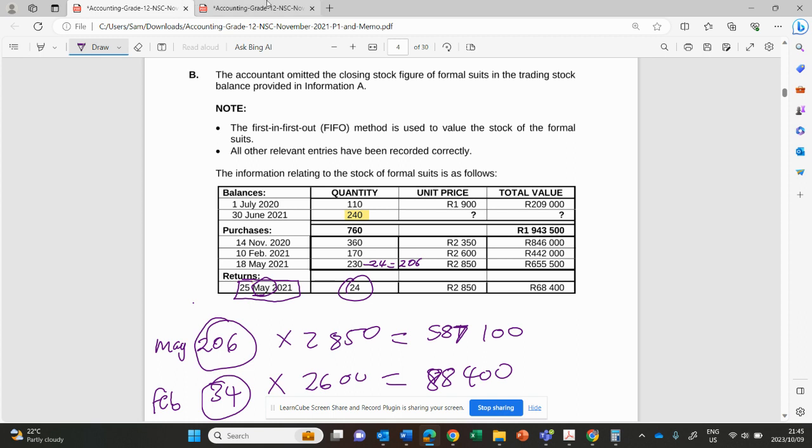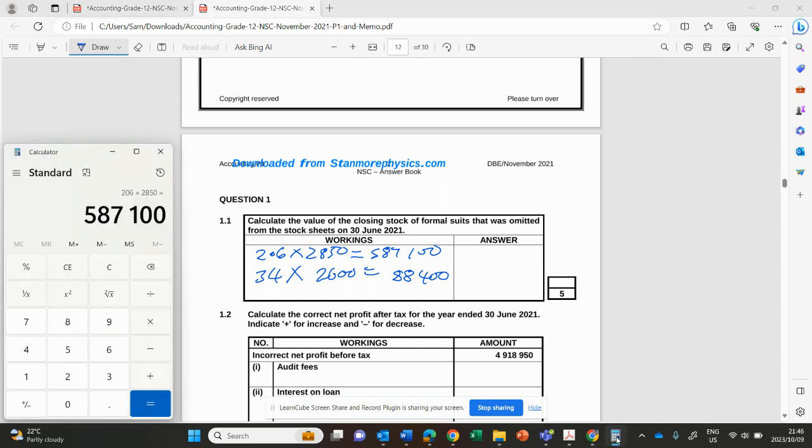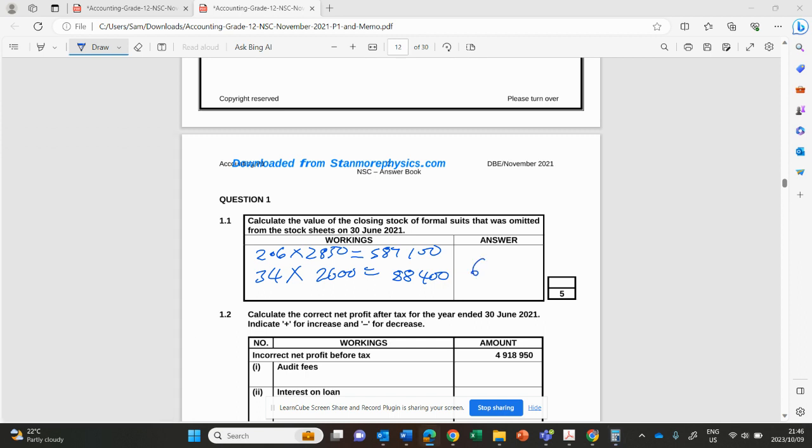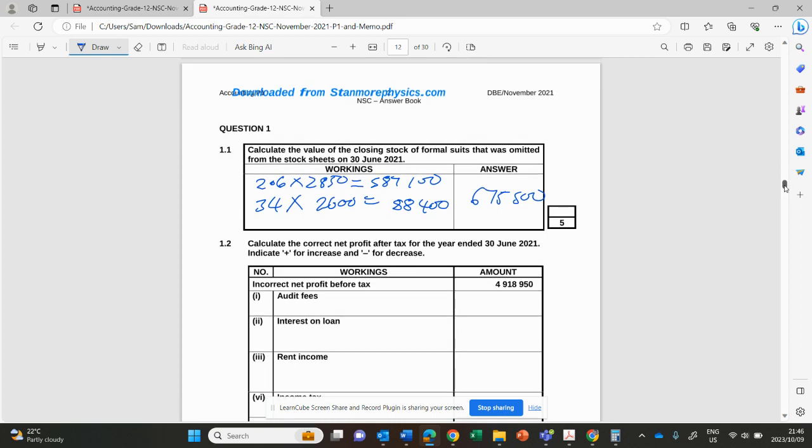So 587 100, then 88 400. When you add the two, they should give you the final answer, which is 675 500. That was the closing stock for the omitted units.